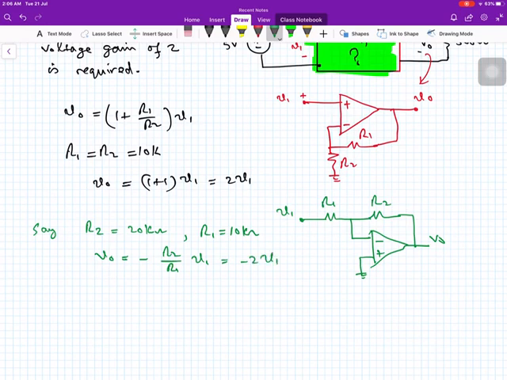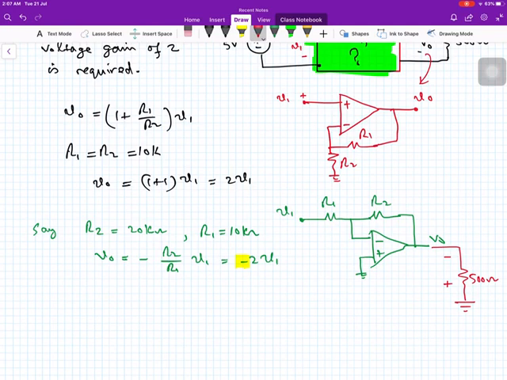You may wonder what will happen to this negative sign. This negative sign simply means that if we connect this VO to the 500 ohm, due to the negative polarity, this will be negative and this will be positive. As we don't bother about the polarity of the voltage at the output, therefore we can use this inverting amplifier.